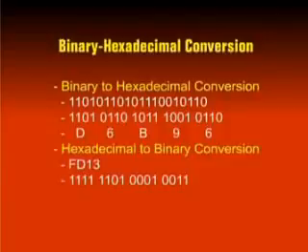The next hexadecimal digit 1 has the binary equivalent 0001. The third hexadecimal digit D has the binary equivalent of 1101. And the final hexadecimal digit F has the binary equivalent 1111. Now, if you combine all these bits, it gives the binary representation of the hexadecimal number FD13.